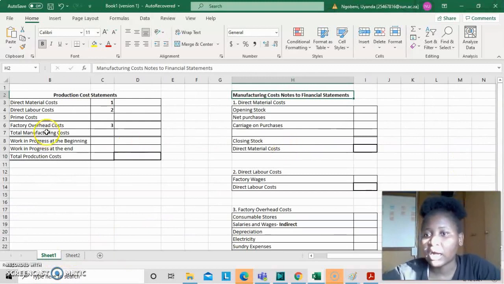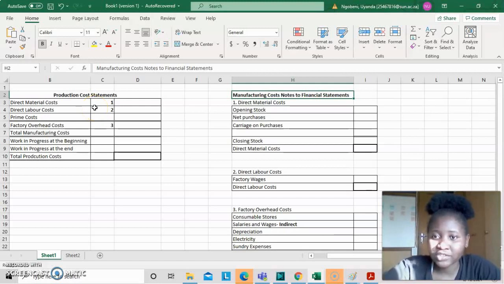Okay, so this is how your production cost statement usually looks like, right? You have your direct material cost, which is your note one all the time. And then you have your direct labor cost, which is your note two. And then you know that if you add your direct labor cost with your material cost, you should be able to get your prime cost. You get it?